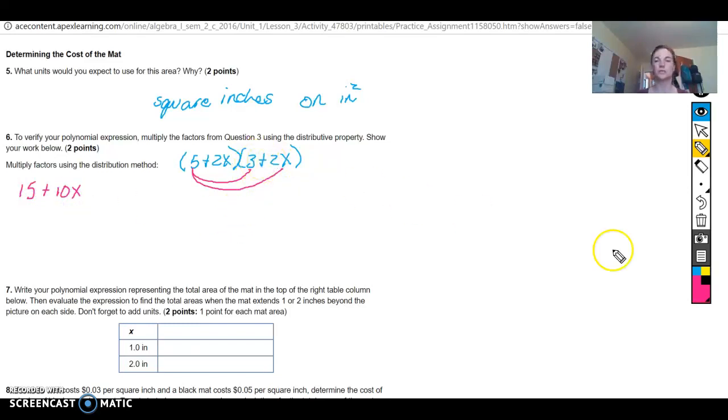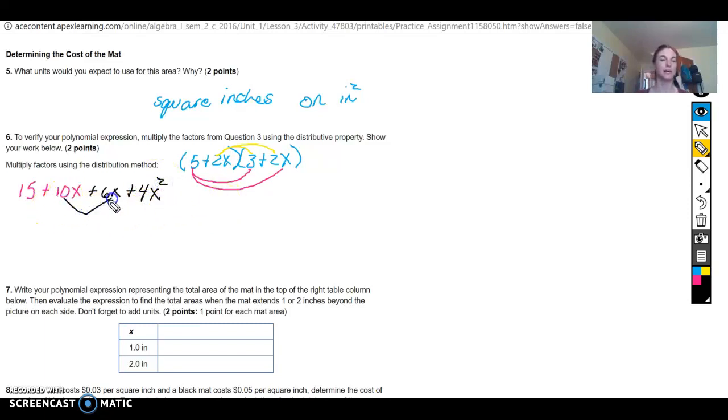And now I'm going to distribute the 2x through every term in this second set of parentheses. And I get 2x times 3 and 2x times 2x. So just write that in black here. So 2x times 3 is plus 6x and plus 4x squared.